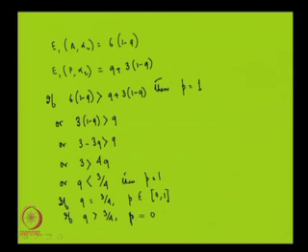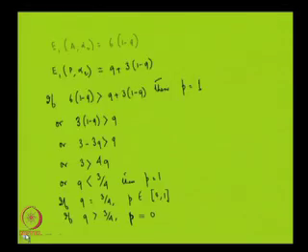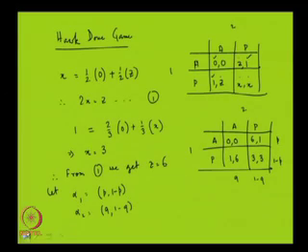I will write it in a more neat way in the next page maybe, but let us now try to see what is the best response function of player 2.